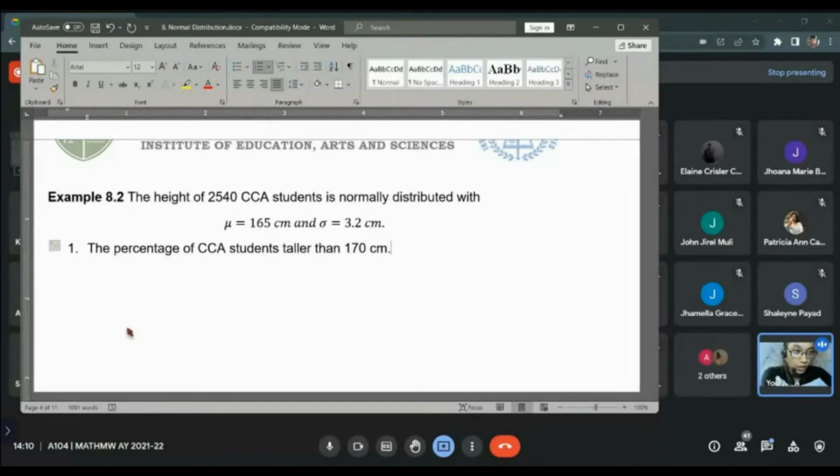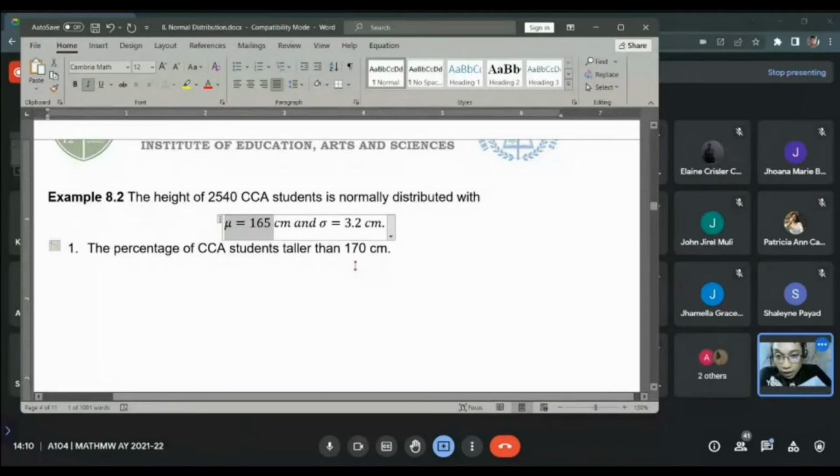What we know is that 50% are taller than 165 centimeters. At the same time, another 50% of the distribution are shorter than 165 centimeters, because we know that the mean, median, and the mode are of equal measures.